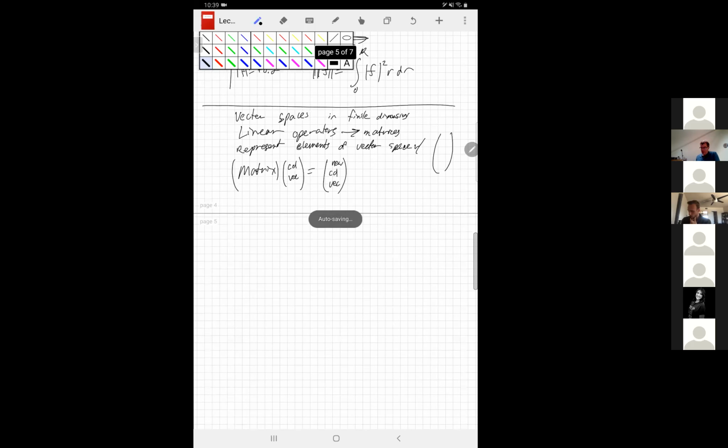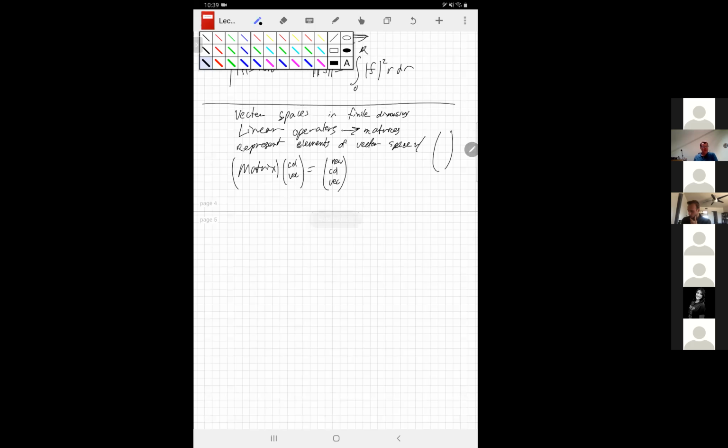Well, for functions, functions are elements of infinite dimensional vector spaces. I can't really write down a function with a column vector very easily. I could approximate a function with a finite number of elements. I could say, all right, this actual function is very complicated, but I'm going to write this function maybe as a Fourier series, and I'm only going to look at the first few terms because I get a very accurate approximation.